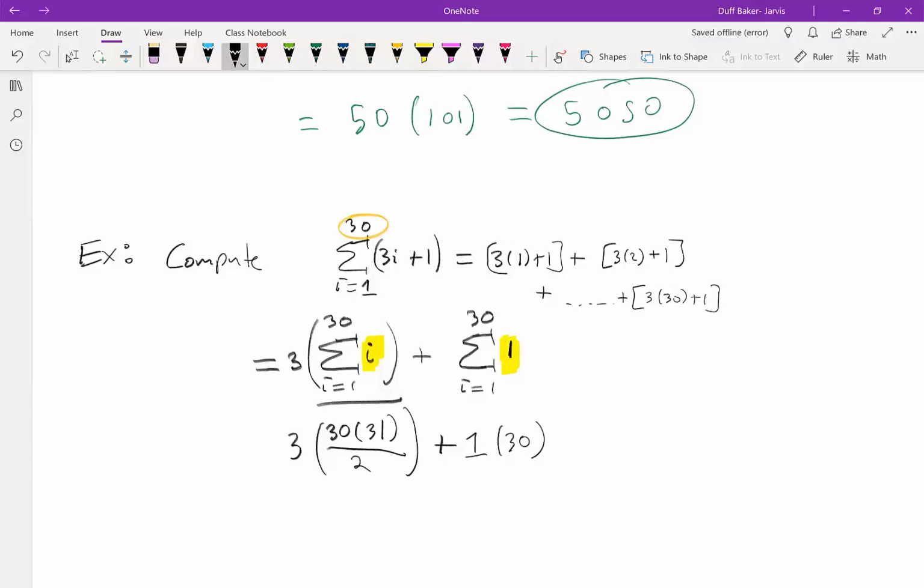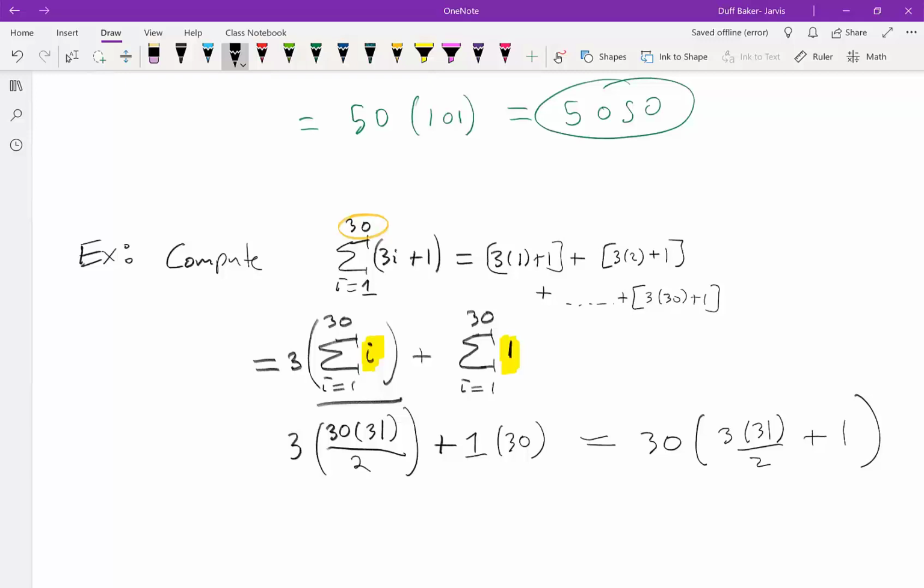And then you can figure out what that number is if you want. You'd have to throw it into a calculator, I guess. It doesn't look like a nice number, but you could throw that into a calculator very easily. Whereas throwing the sum into a calculator, you don't want to type in 30 numbers, right?